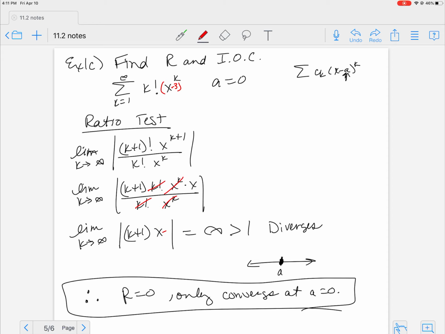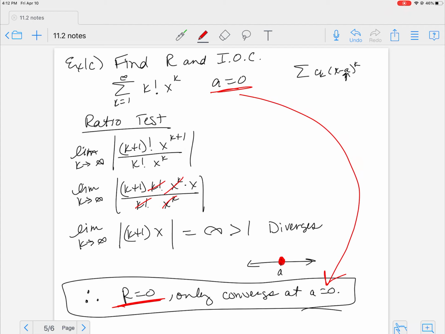This one happens to be 0, but I'm just saying the center could be anything else. The purpose of this right here is the fact that that's my center, not 0 in particular. My radius is equal to 0 because I'm not going anywhere. I'm staying on this point, so I'm not going out from that point at all.